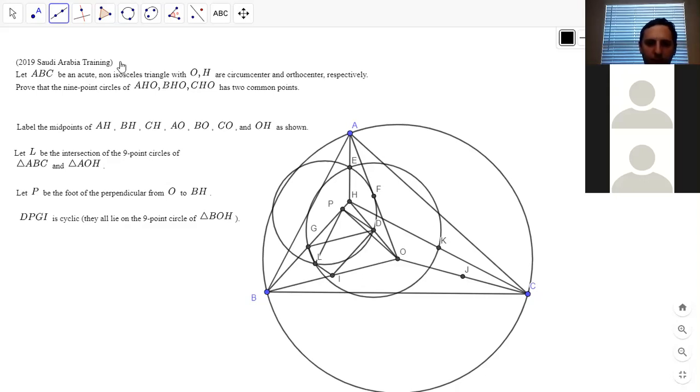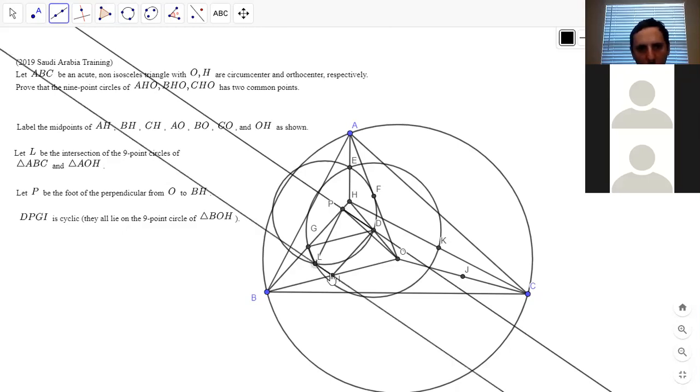If LI is parallel to PD, how do we... are there any special points?